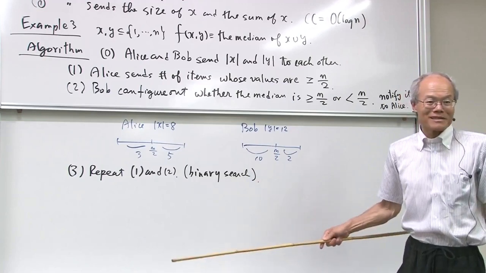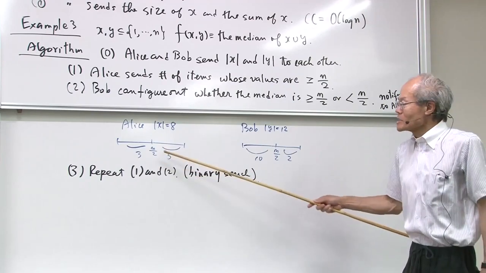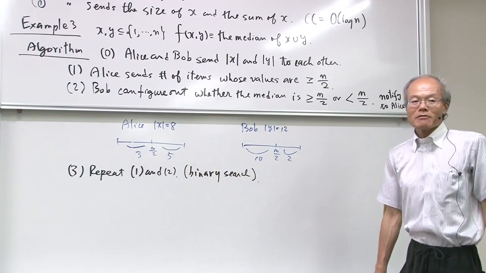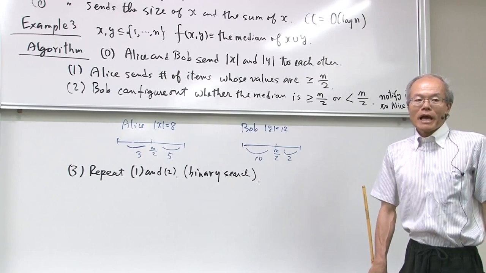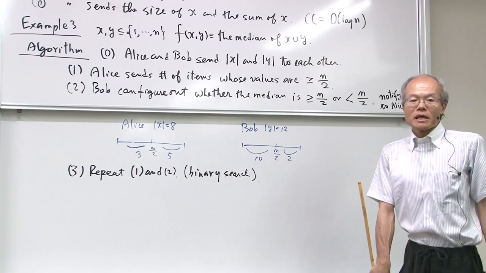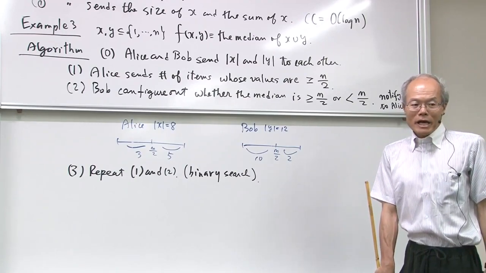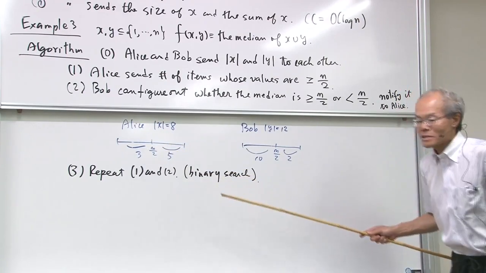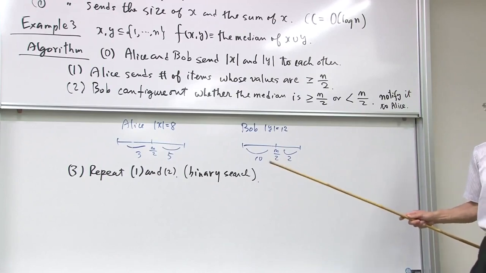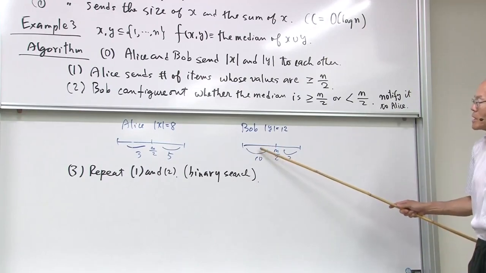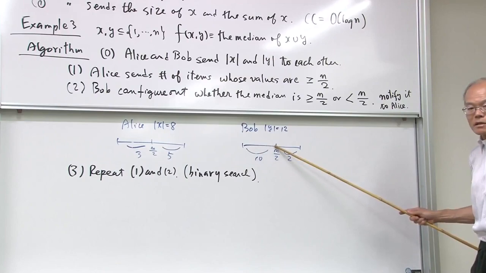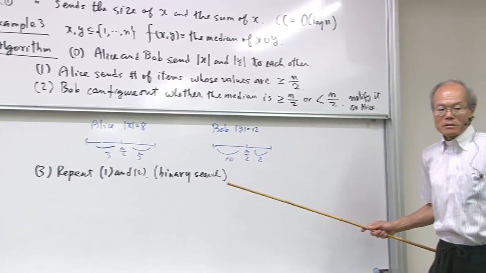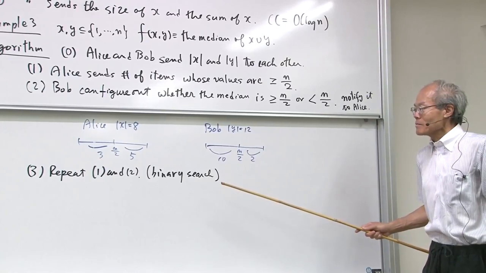Then we just repeat this. Then the border is n/4, and they do exactly the same thing. This is exactly a binary search. The median should be this side or that side, and we do the same thing repeatedly.